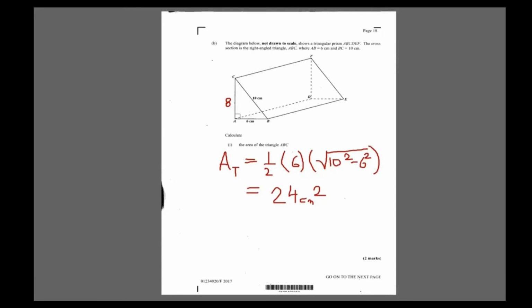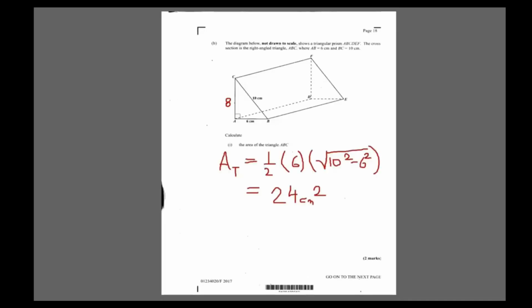Now that we have the area of the triangle, it asks for the length of the prism if the volume is 540 cm cubed. Volume is equal to cross-sectional area times length h. We don't know the length of the prism, but we know the area of the cross-section is 24. So 24h is equal to the volume of 540.